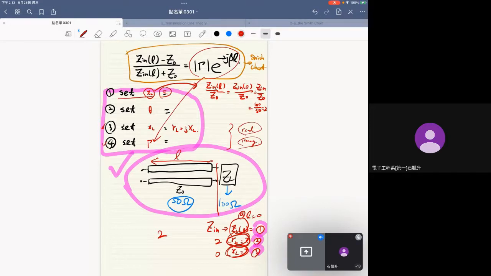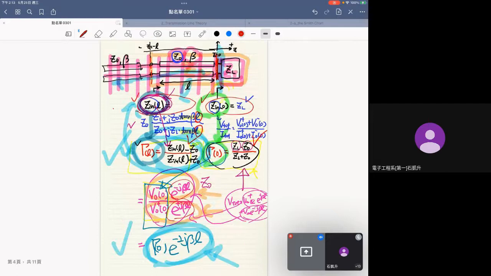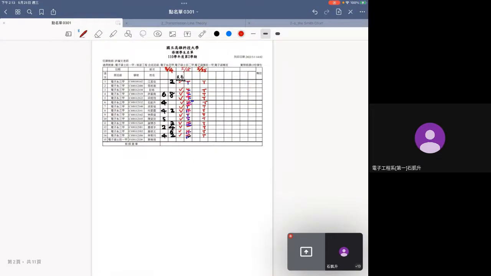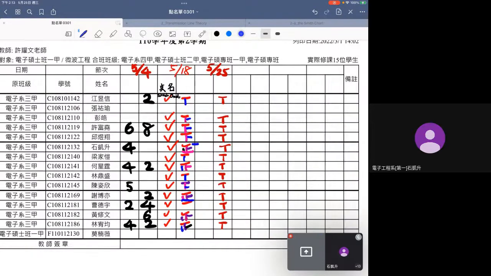Okay, 史凯生, I can give you just answer, but next time please hurry up and give me the right answer. Okay? Please. Yes. It is easier for me to read. Okay, 史凯生 and 许富瑶, you forgot to divide by 50 ohm.